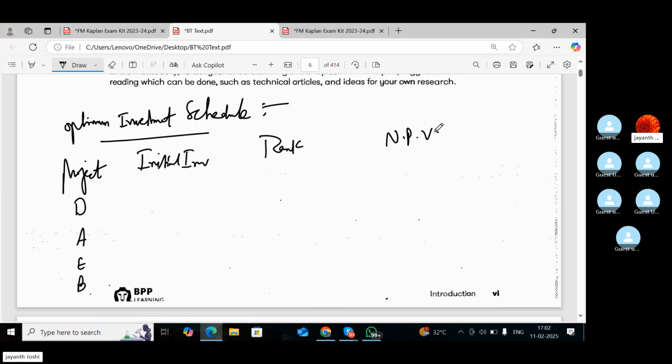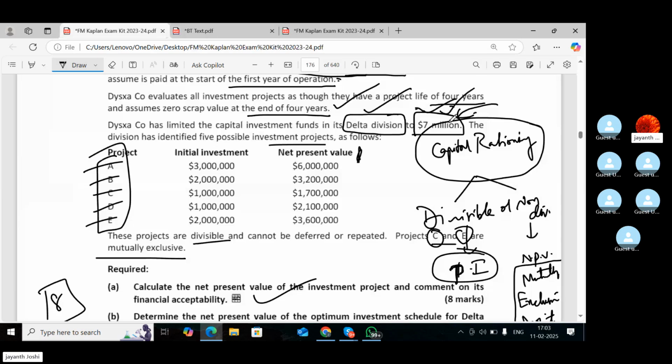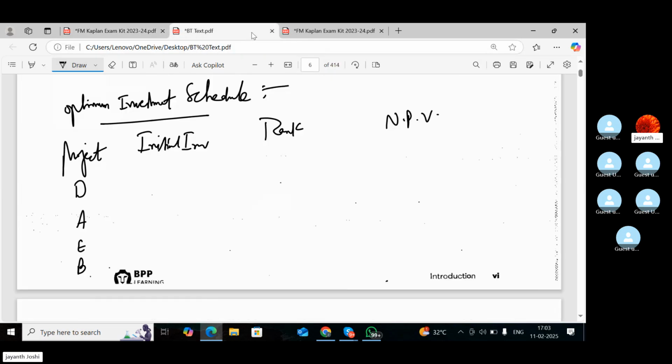You should be knowing one fact. There is a capital rationing. I told you right now, only 7 million can be invested. So we cannot go beyond that. So first we will take the D project fully. That would be 1 million. Then A project, that would be 3 million. 3 plus 1, 4 million.